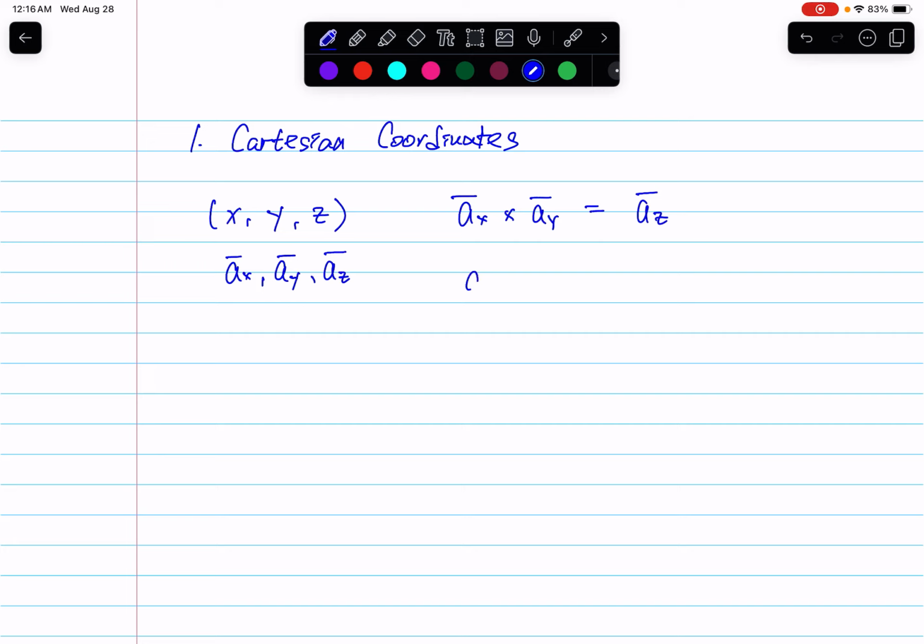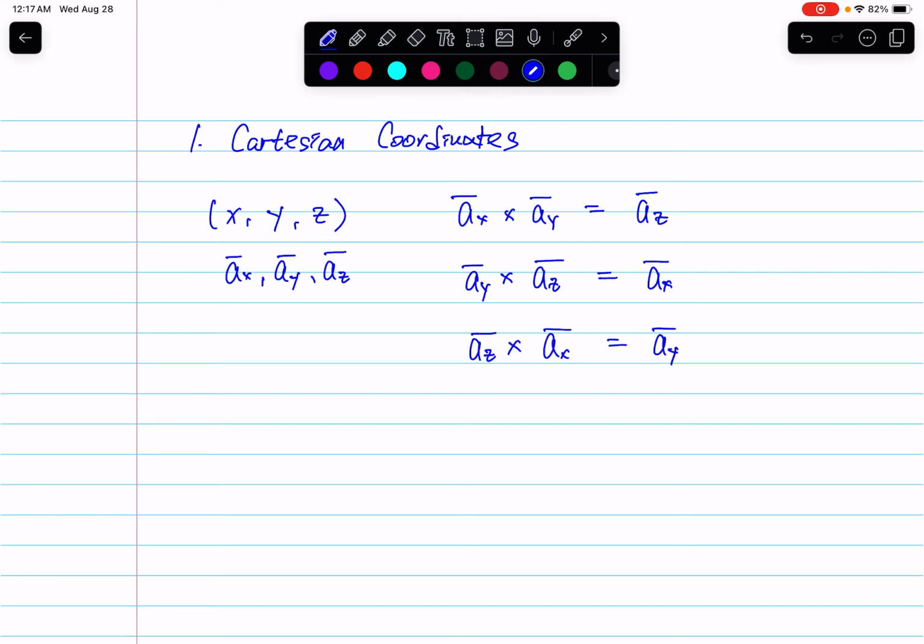AY cross AZ leads to AX. And AZ cross AX leads to AY.